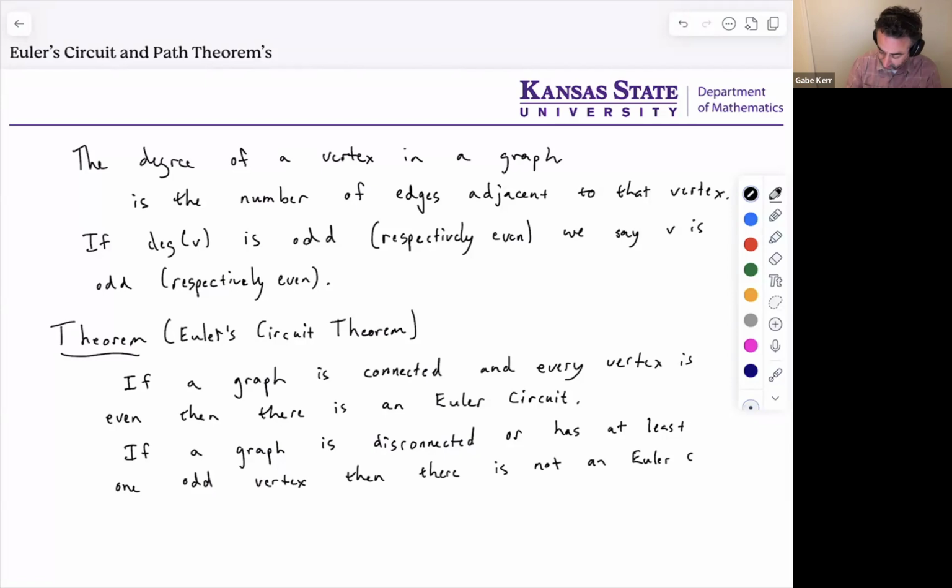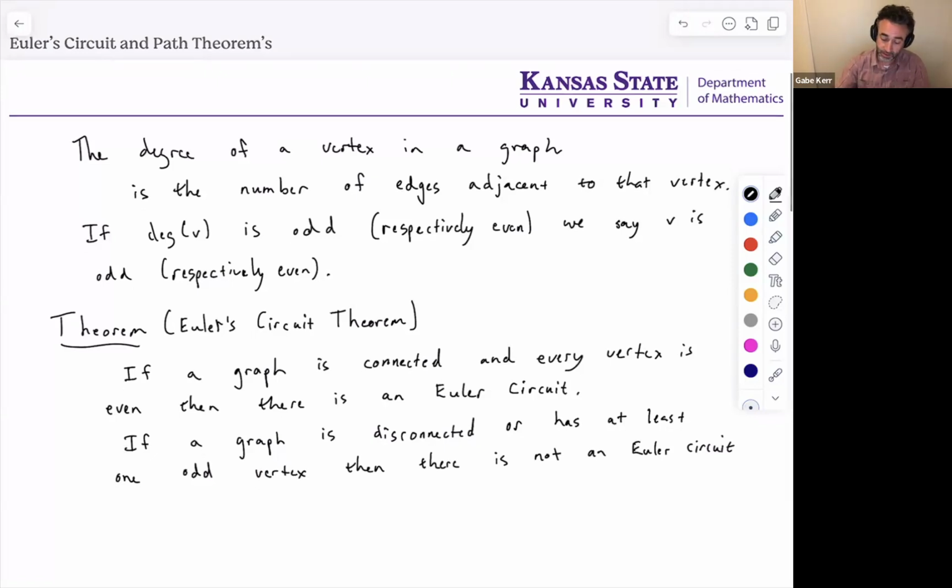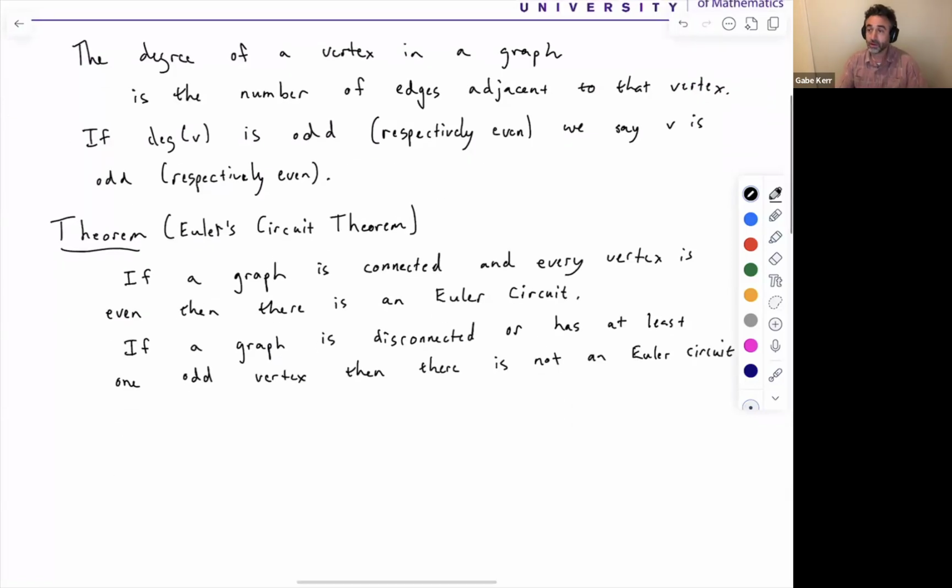So this gives us a complete answer to the question of whether or not there's an Euler circuit. We just have to check the degrees of all of the vertices.